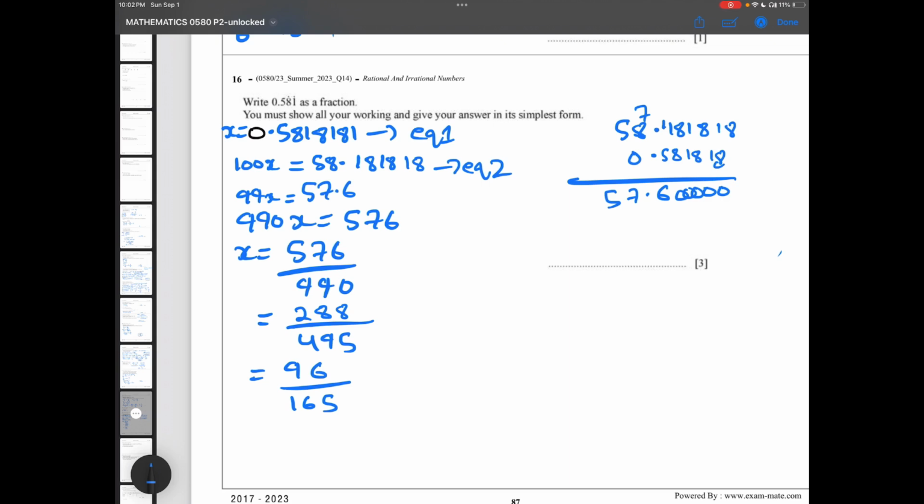So now this is our answer. They can be simplified more with 3. Both the numbers come in the table of 3. So 96 becomes 32, and 165 becomes 55. Now they cannot be simplified further, so this is our required answer, 32 upon 55.